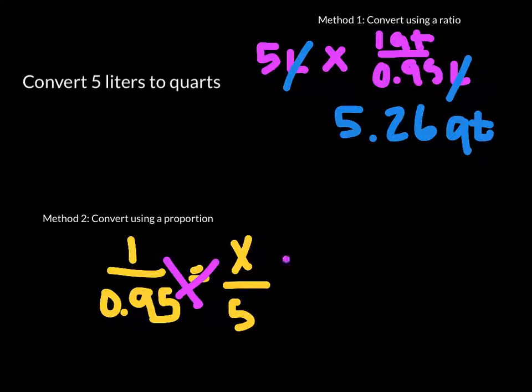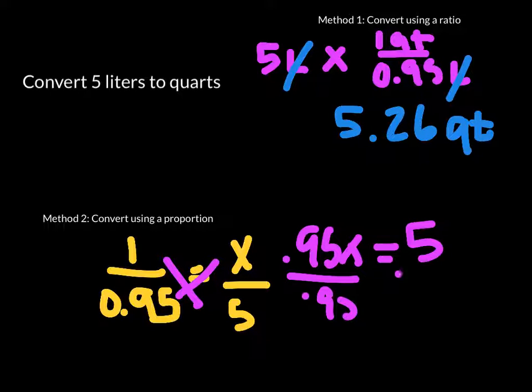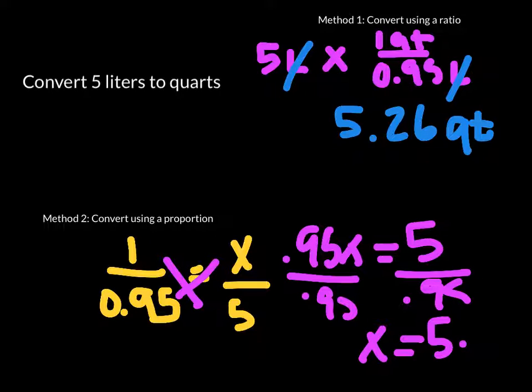So now we have 0.95x is equal to 5. Divide by 0.95, divide by 0.95, x is equal to 5.26. From looking at it, I think the easiest way would probably be the cross products, just because I really like doing equations. But whichever way works best for you, go ahead and use it, all right?